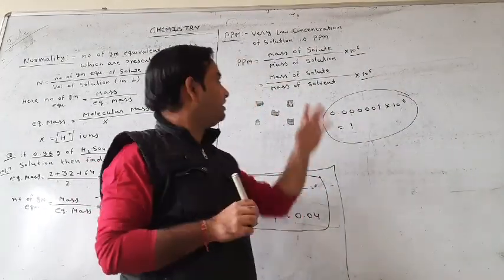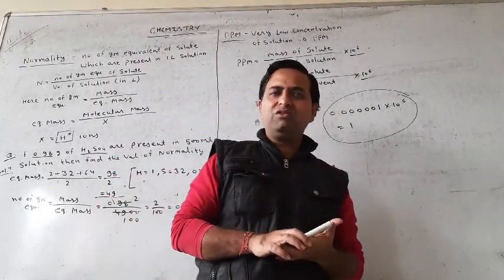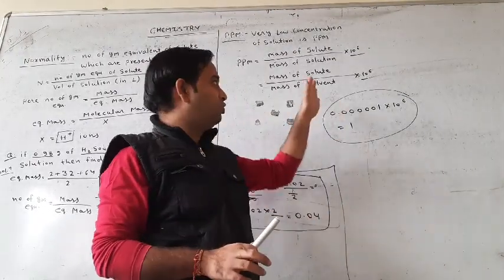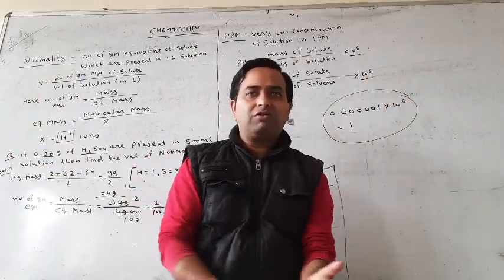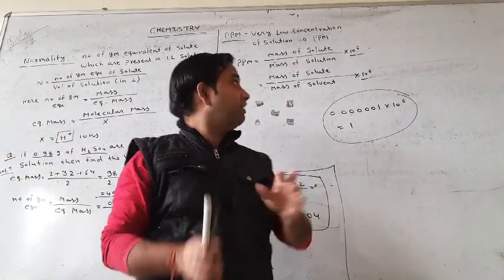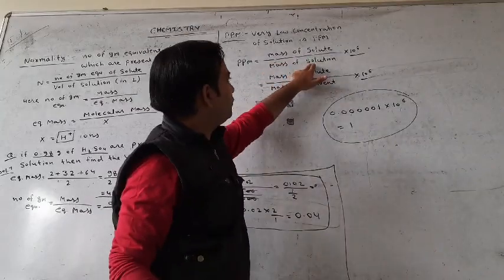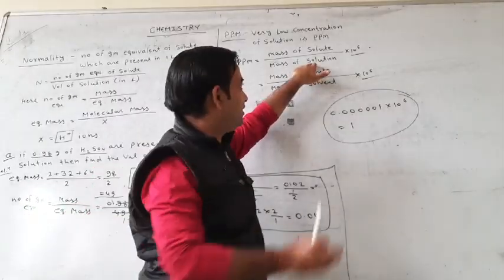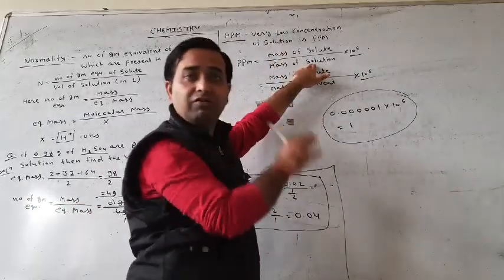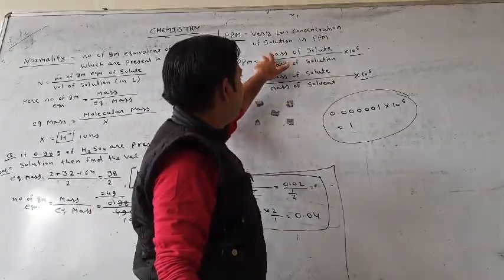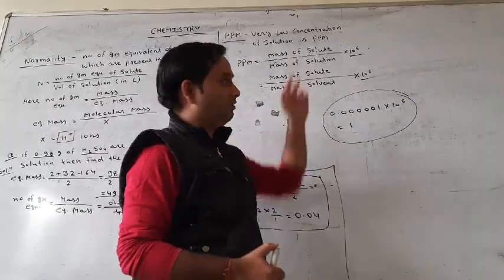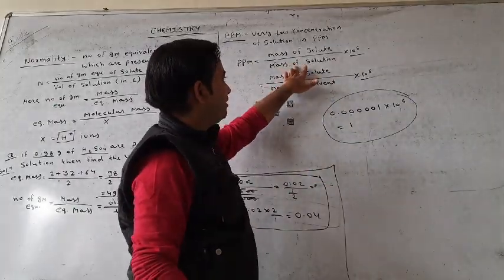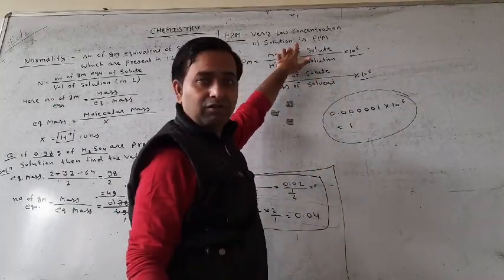Okay students, that is ppm. It is only used when you have a little amount in a big solution. Students, listen. If the mass of solution is very great and the mass of solute is very low, then this value is very big and this value is very low.